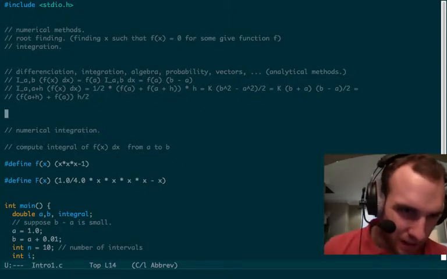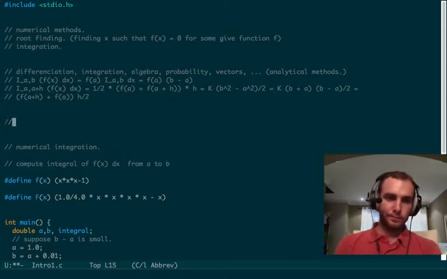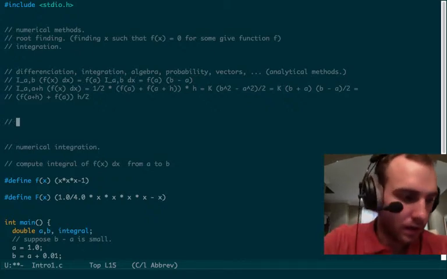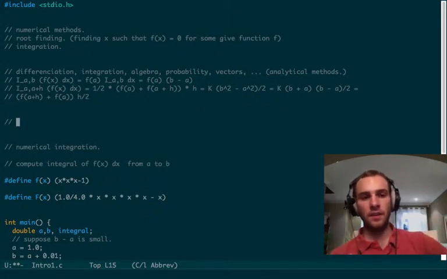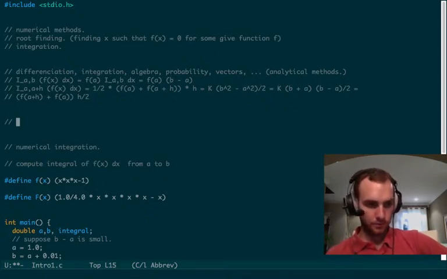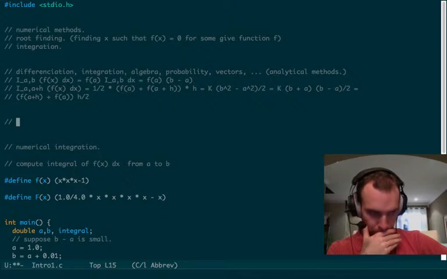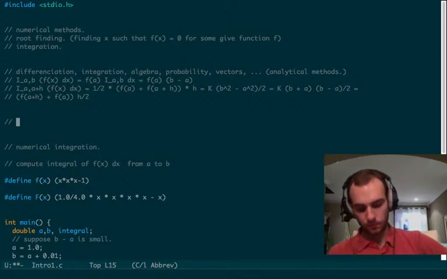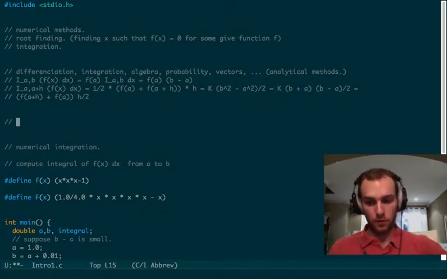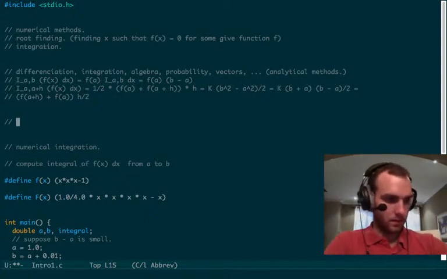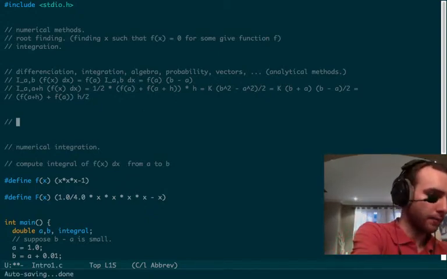So what's the general idea here? Well, you can apply this principle of finding the exact integration for a simpler function, and then making the interval really small so that the function looks a bit like the simple function you have.